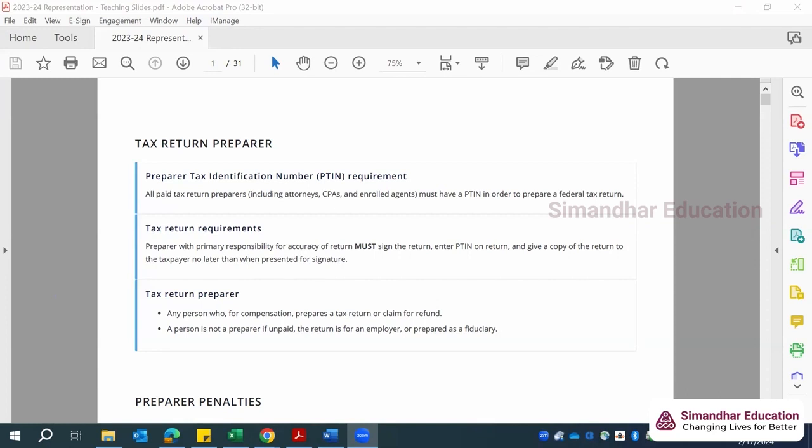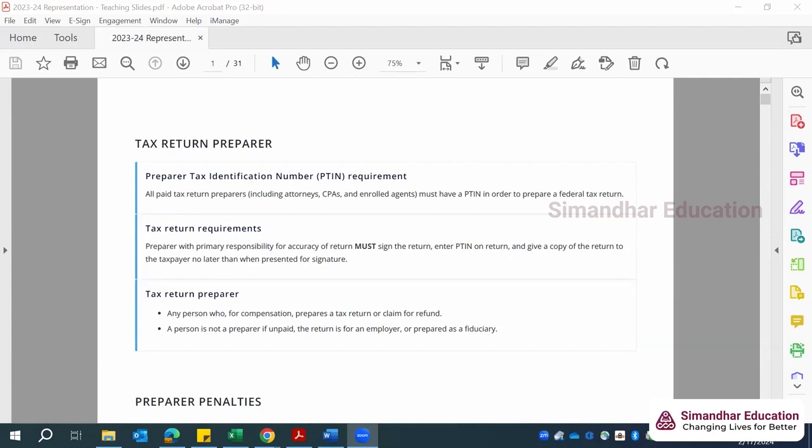Another person who will not be considered a preparer is an employee preparing the tax return for your employer, if he or she is regularly and continuously employed by that employer. Then you are not considered a tax return preparer.